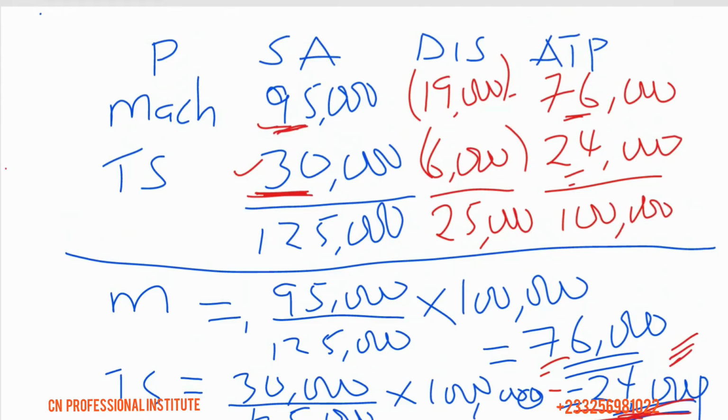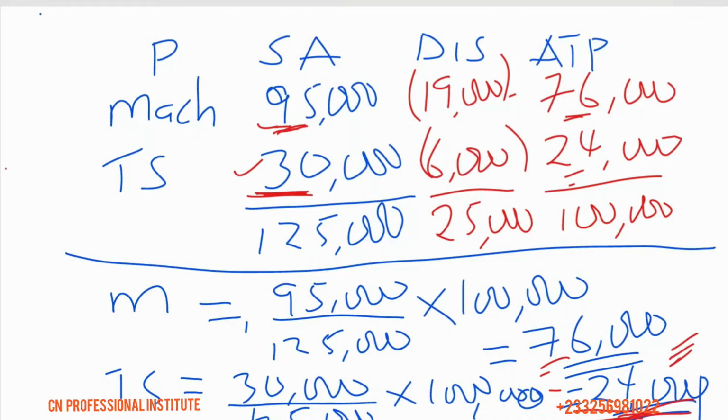So that's all. The question said we should allocate only the transaction price, but I allocated the transaction price and showed you how we can get the discount from the allocated transaction price. When you're done allocating the transaction price, compare the allocated transaction price with the standalone selling price. The difference will be the discount.